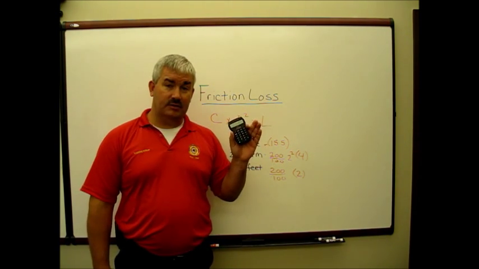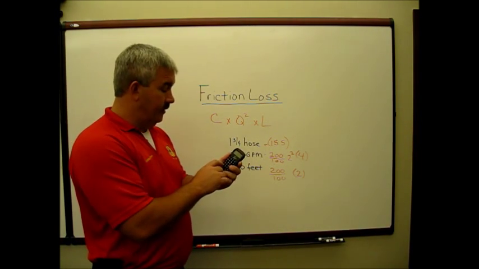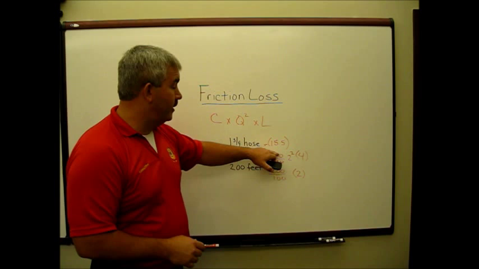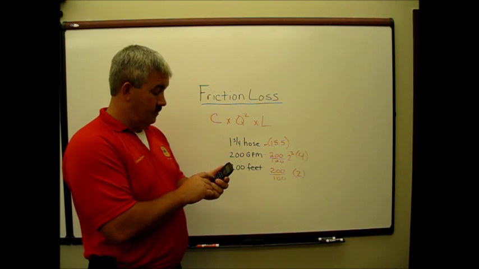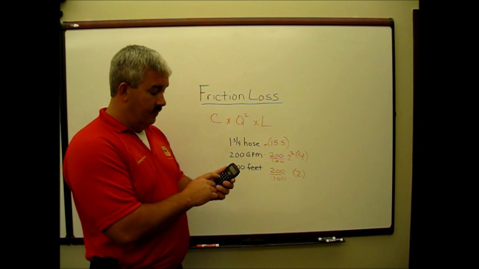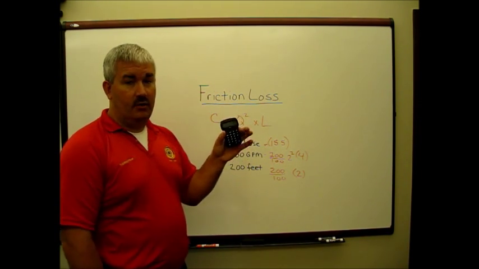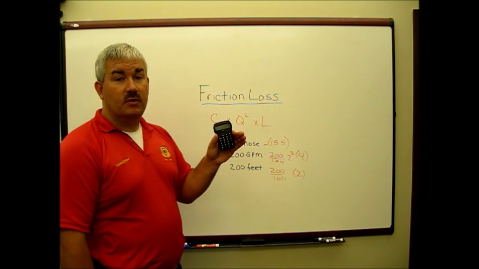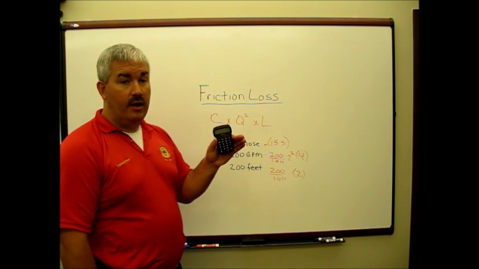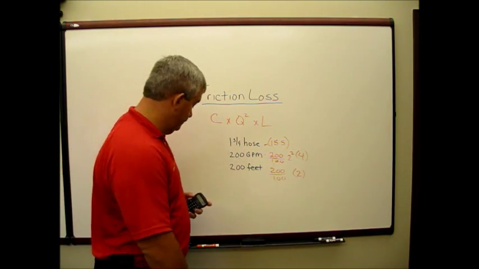We're going to multiply these numbers that are in parentheses. We take 15.5 times 4 times 2, and that gives us 124. So our friction loss for this particular problem is 124 psi.